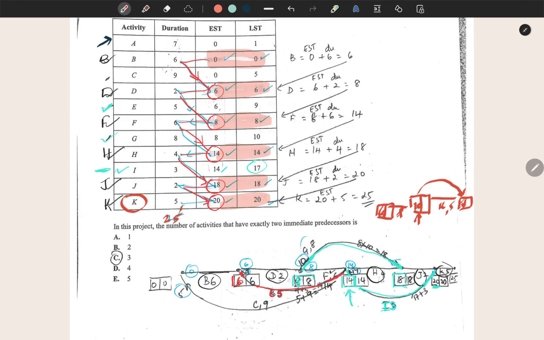Now we have activity C. The latest start time was 5, its duration was 9, so it would have finished at 14 weeks. So here's 14 again, and take the edge backwards from there, and its earliest start time was 0. So take it all the way back to 0.